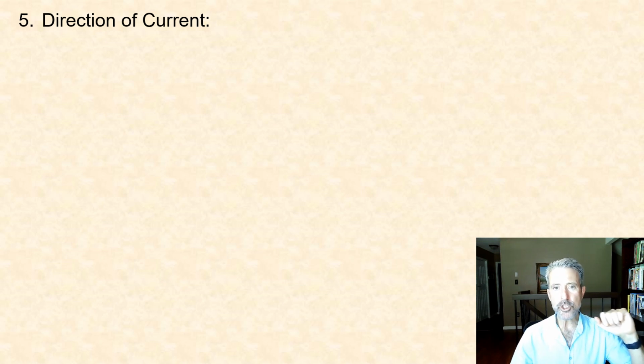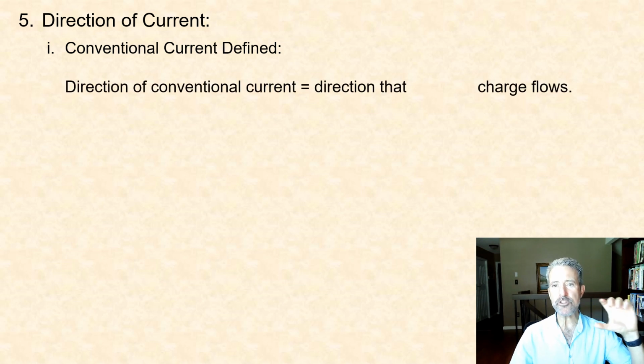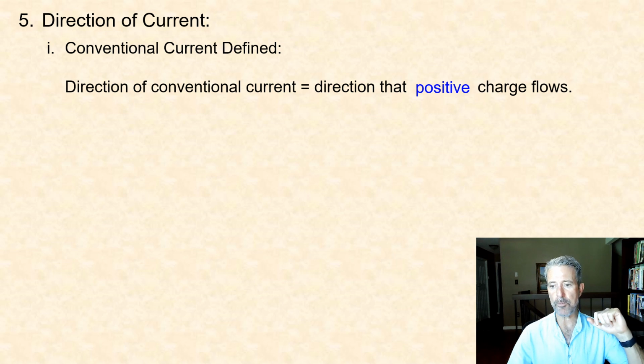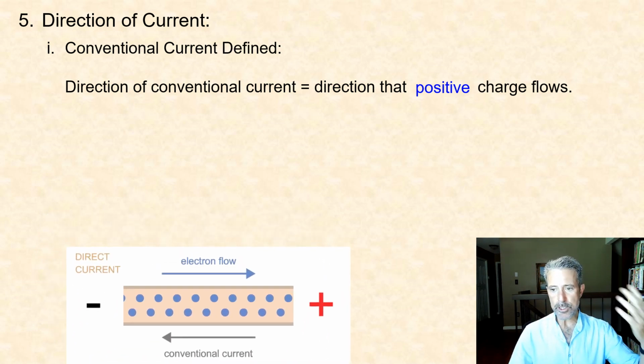Let's review what we just stated in the previous slide. We can say that the direction of conventional current is the direction that positive charge carriers, that is, positive charges, flow. So you might ask, since today we know that it's really the electrons that are the charge carriers in metallic conductors, how does conventional current correlate with electron flow? Well, let's take a look at the possibilities, and we'll start by considering the simulation. In the simulation, consider this to be, for example, a wire that is connected to two terminals of a battery.